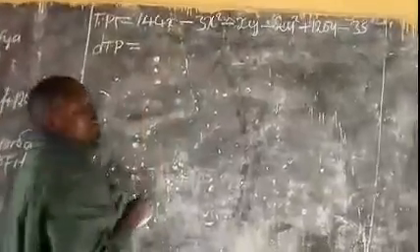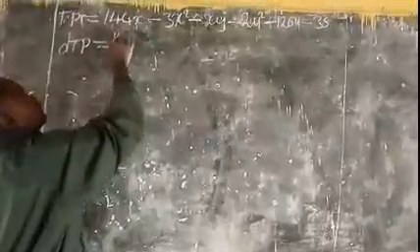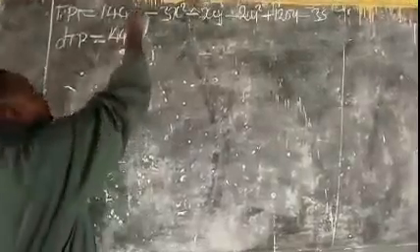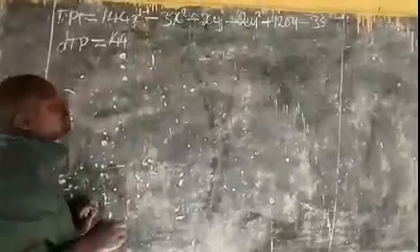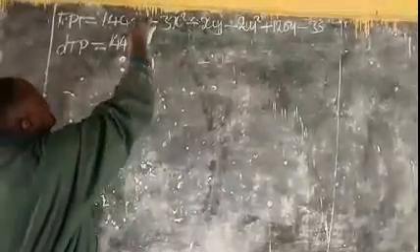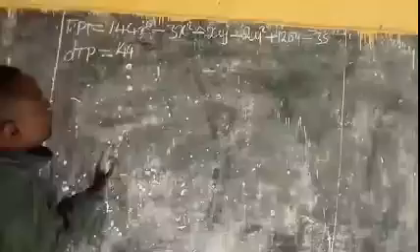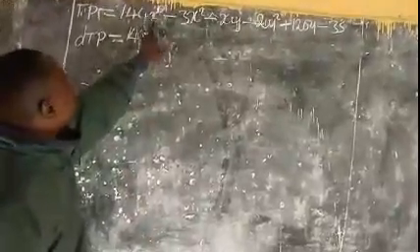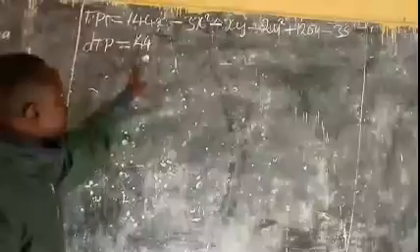Remember that the power of that x is 1, so it will be 1 times 144, which is 144. Then the power will be subtracted by 1, meaning the power here will be 0 because 1 minus 1 is 0. Any number to the power 0 is 1, so the letter x has disappeared. We are just remaining with 144.